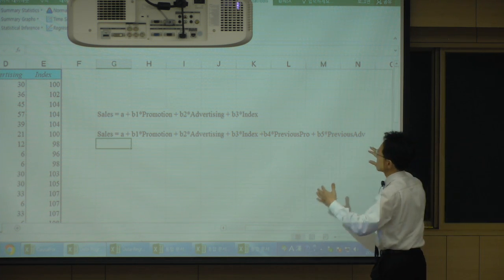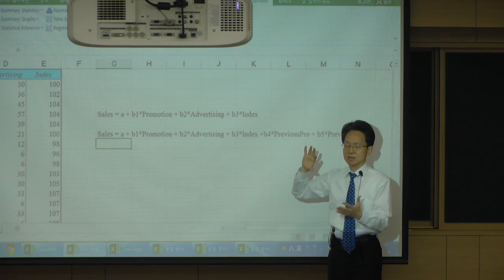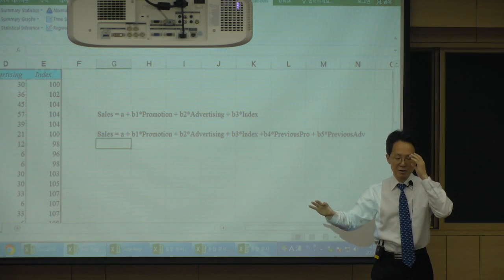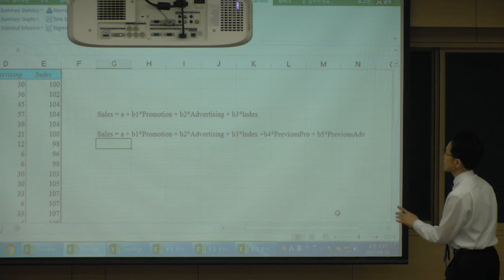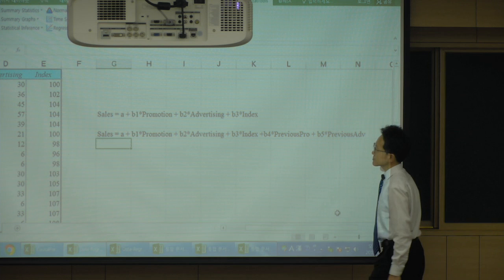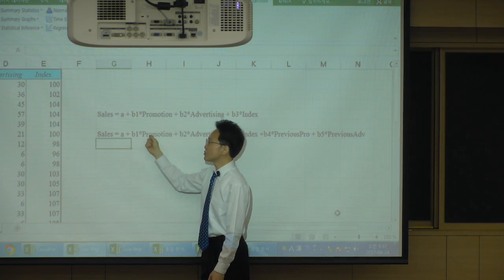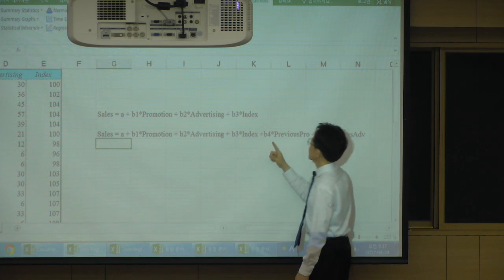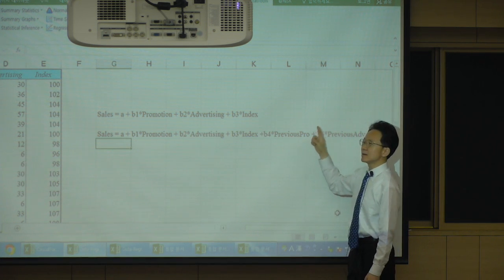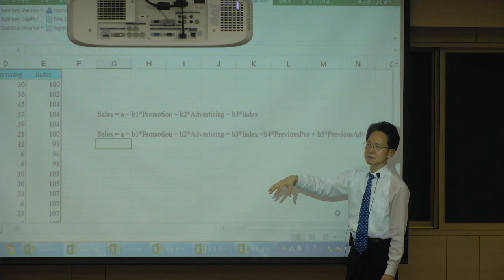And then I say that, okay, after thinking about all this promotion and advertising and the differences and their long-term impact, I somehow ask myself, okay, promotion has an impact on the current sales, but somehow the promotion will have impact on the future sales as well, next period of sales.